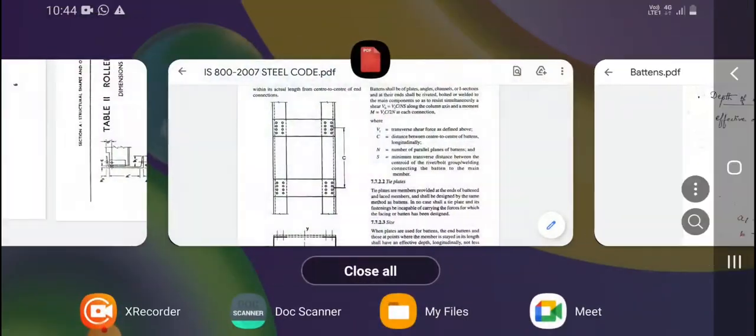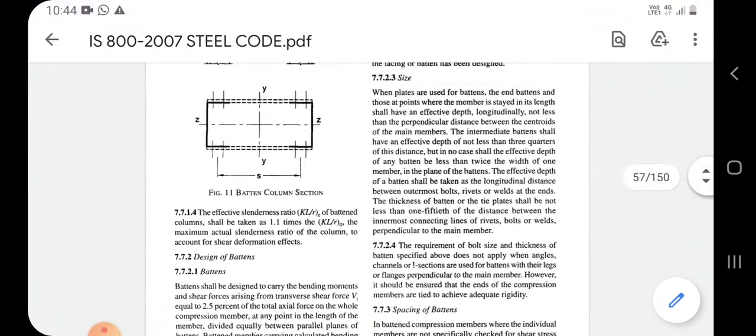You can see it in the clause itself. In the starting portion, it is given for end battens: the effective depth longitudinally should not be less than the perpendicular distance between the centroid of the main members.